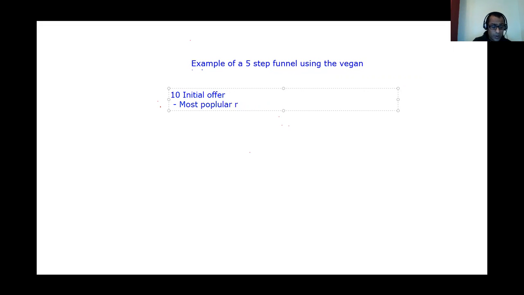So yeah, your most popular recipe. I'm not able to spell today. For free. So that is your initial offer. Then you get people signing up to that offer.